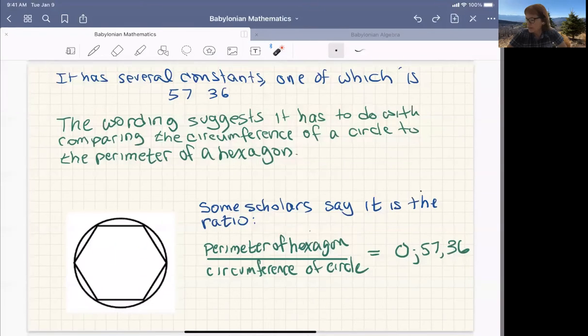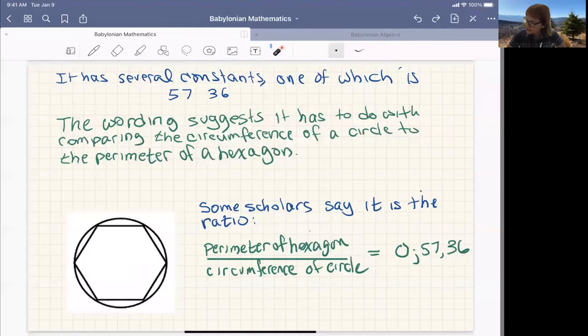Now, the wording on this tablet appears to suggest that it has to do with comparing the circumference of a circle to the perimeter of a hexagon where they both have the same diameter. So here's the hexagon inscribed in a circle, and they both have the same diameter.